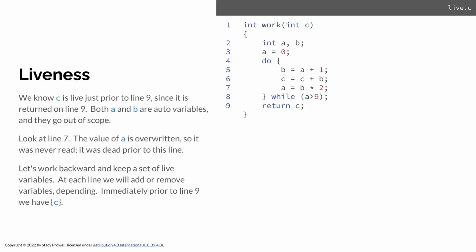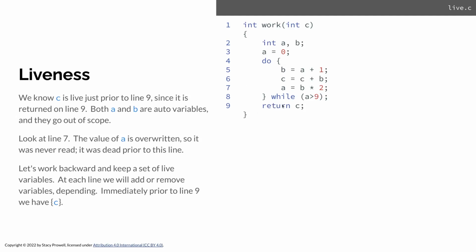So we move back and we find other variables in here. In particular, we find a and b up here. These are auto variables. They're created on the stack. You can see up at the top where they're created, a and b. We set a equal to 0.